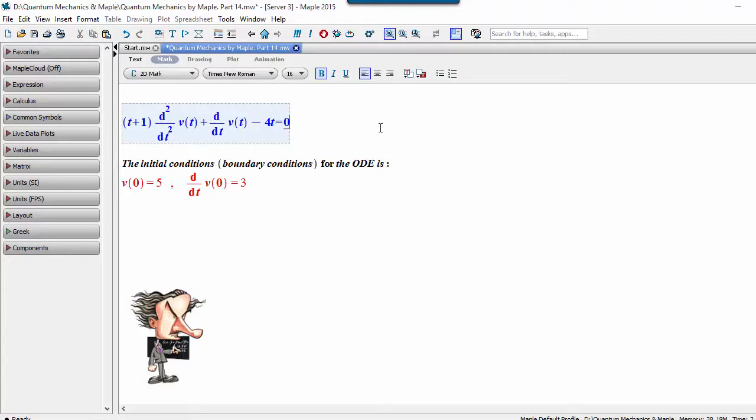Now we use ODE analyzer for solving this ordinary differential equation with boundary conditions.